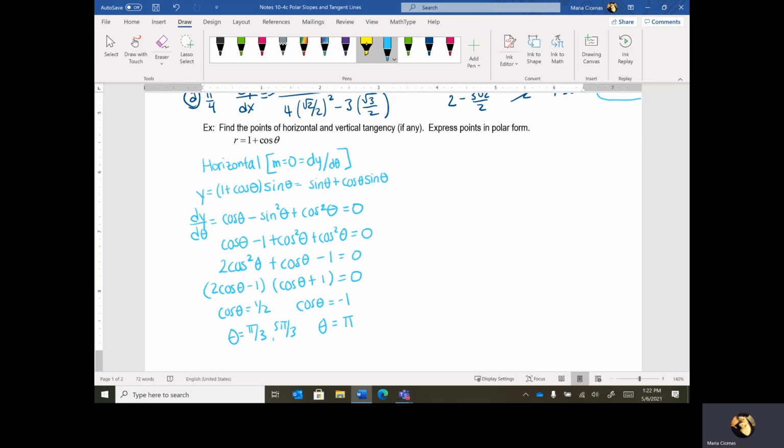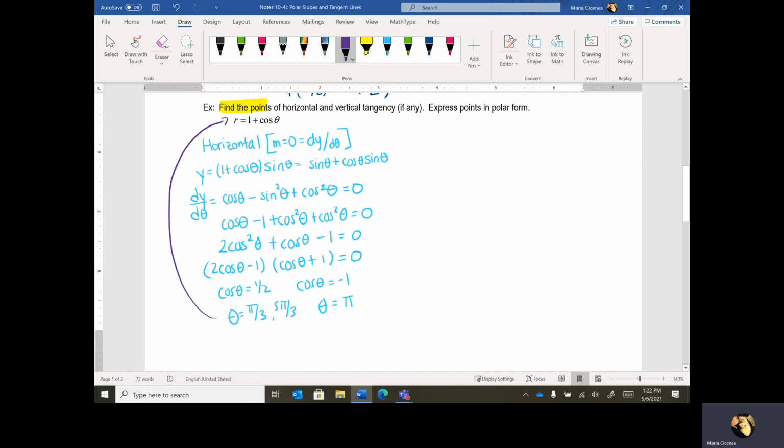Now it did say to find the points. Right now I've only found theta. So to express that as points, I will need to come up here and substitute theta in to find r. All right, so what happens at pi over 3? Well, I get 1/2, right?